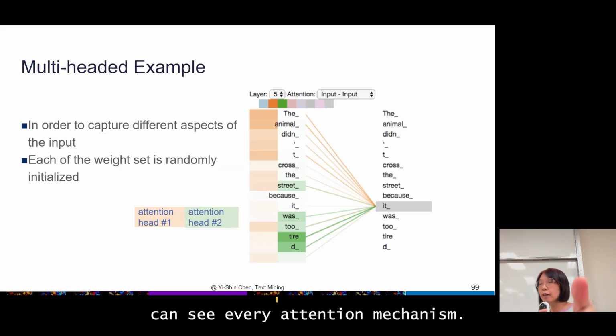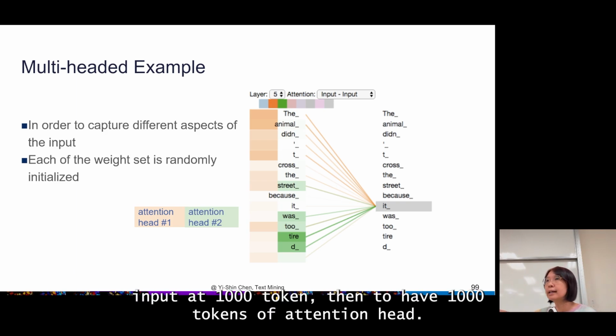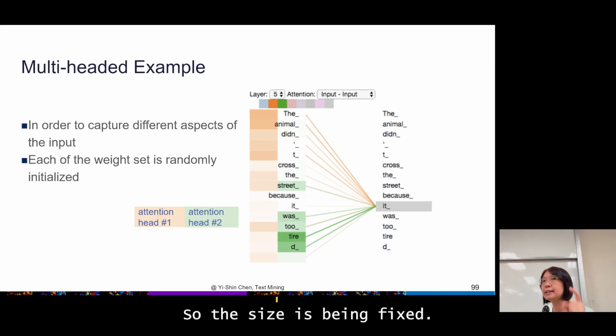Every attention mechanism needs a buffer. So that buffer defines, for example, if you say 1,000 tokens, which means you can only allow input of 1,000 tokens, then you have 1,000 tokens of attention heads and so many different things. So the size is fixed.